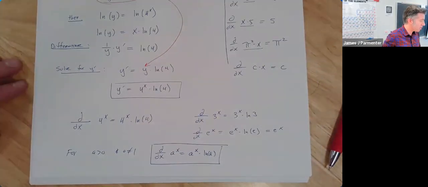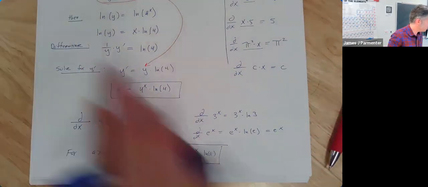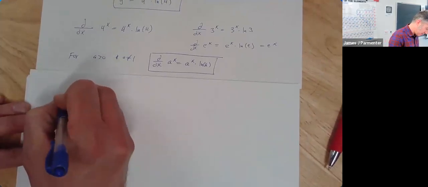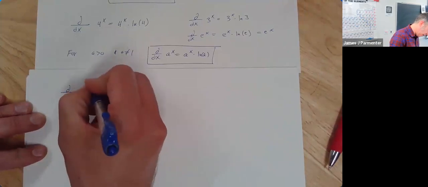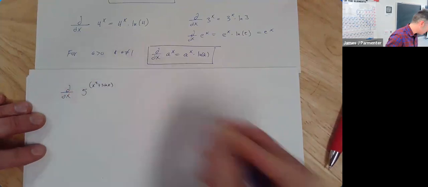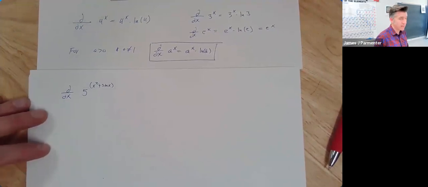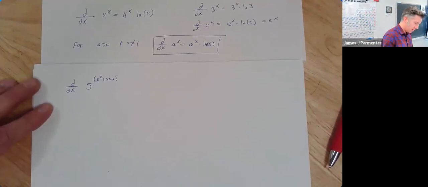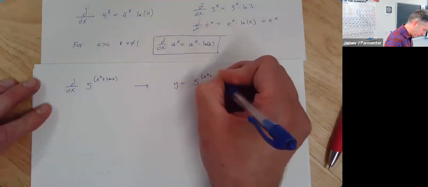But then things get more complicated. For example, we could ask, what's the derivative of, say, 5 to the x squared plus sine of x? Well, we can do the same sort of thing. Whenever you're trying to differentiate something that's exponential like this, where your exponent has a variable, you can start by saying, I'm going to let y equal the thing I'm trying to take the derivative of.